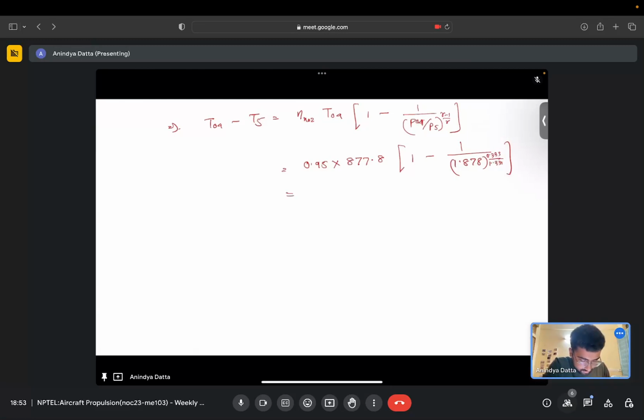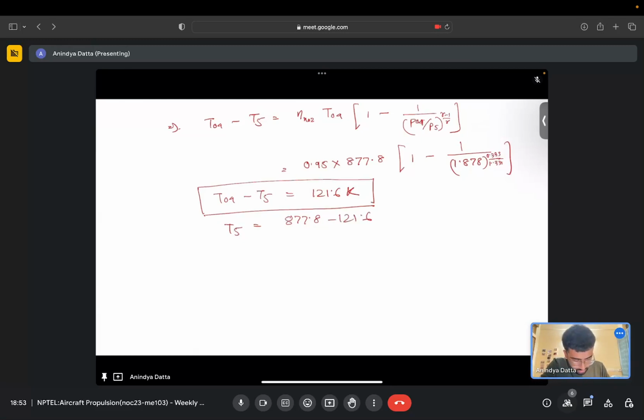This will give the temperature difference as 121.6 Kelvin, and T5 will come out as 877.8 minus 121.6, so T5 is 756.2 Kelvin. Okay, all right.